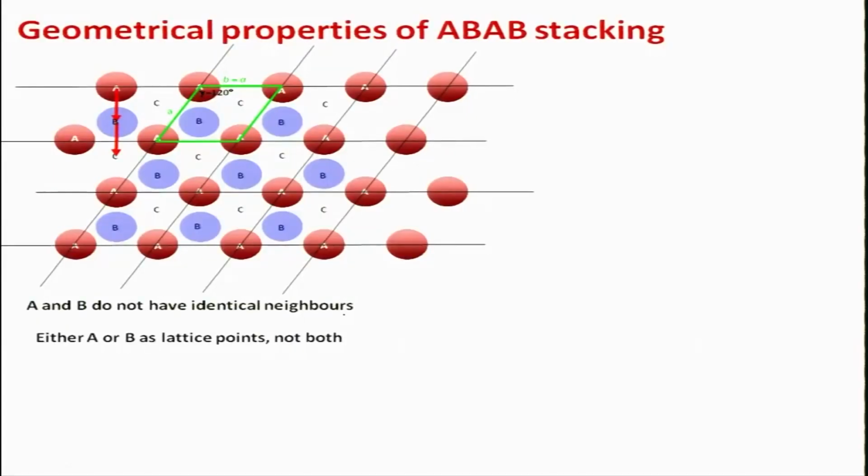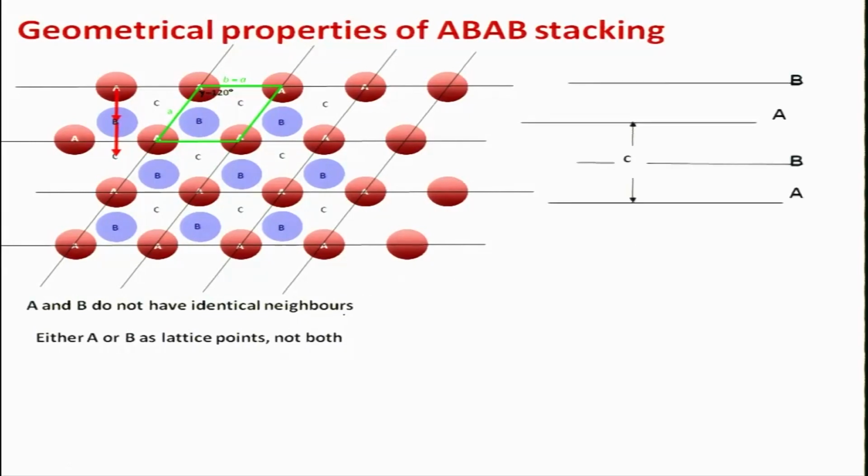As a result, you need to combine both of them to have identical neighborhood. If you remember the discussion that we had on primitive and non-primitive lattices, you need to combine both of them to call it a proper lattice. A and B do not have identical neighbors, so you can take either A or B as a lattice point, but not both.